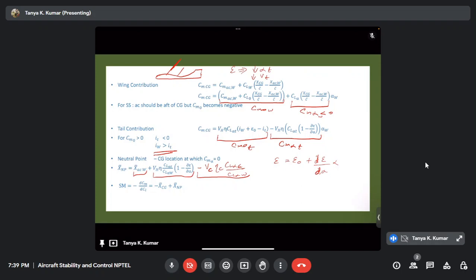What does static margin tell you? It's a measure of what? Which measure of stability?